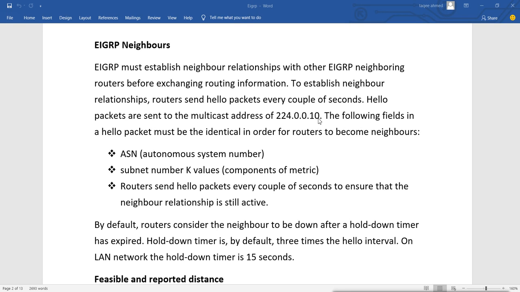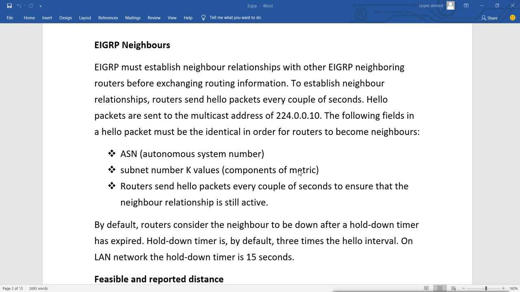The following fields in the hello packets must match in order for routers to become neighbors. So when you want to become neighbors, just like OSPF, you have some criteria for creating the neighbors. These pieces of information are already in the hello packet.